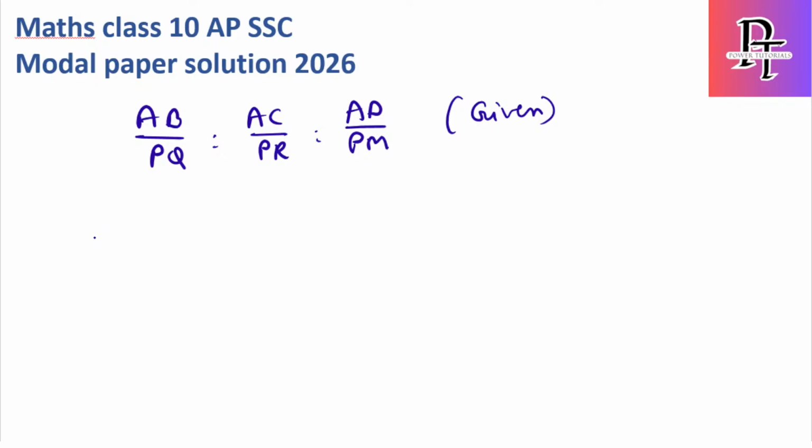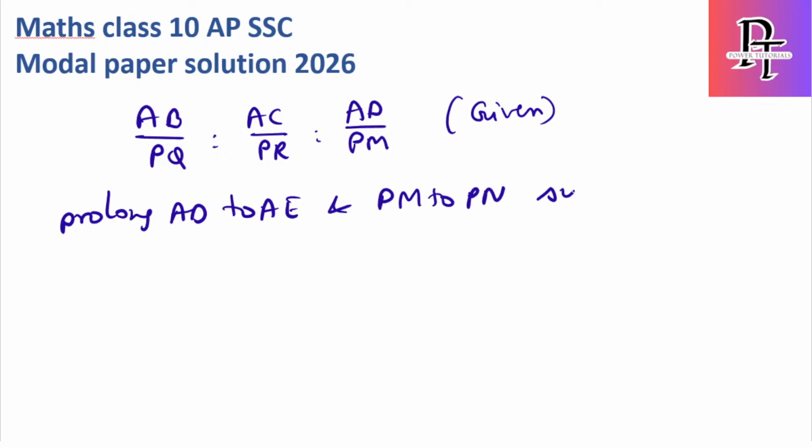Okay, now what we have to do is prolong AD to E and PM to N such that AD is equal to DE and PM is equal to MN. Okay, now the triangles have become like this.